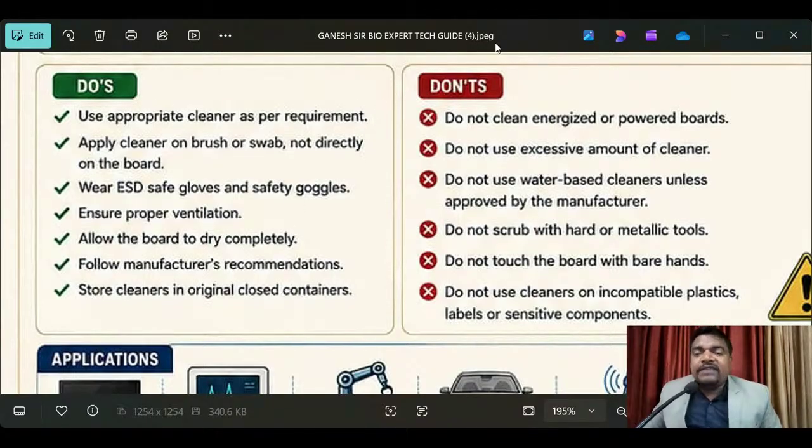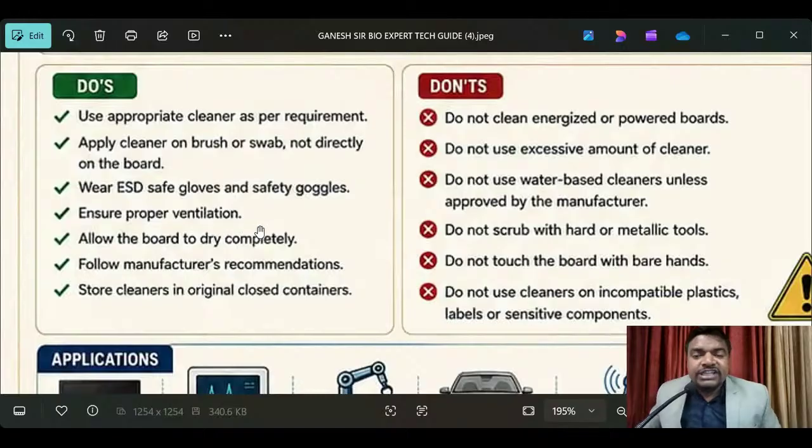Now see here, PCB level do's and don'ts. First of all, I'm going to read the do's. What to do, biomedical engineers: use appropriate cleaner as per requirement. Listen carefully to what I'm saying here. Apply cleaner on a brush or swab, not directly on the board. Wear ESD safety gloves and safety goggles.